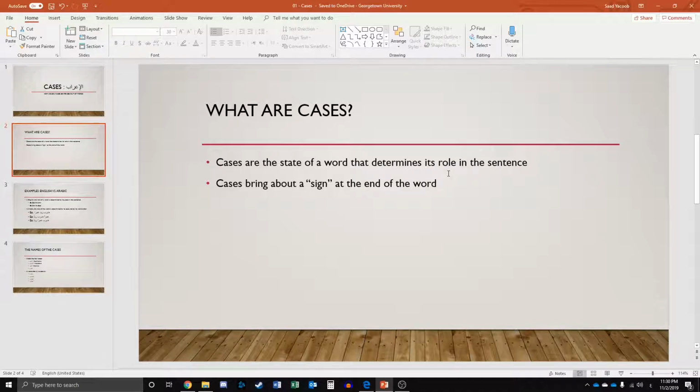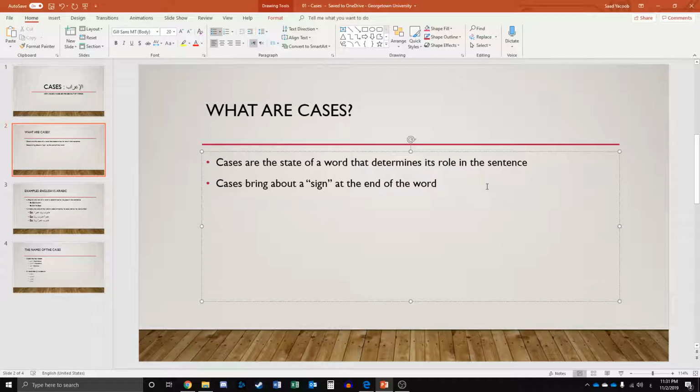And cases bring about a sign at the end of the word. In the second video, we're going to talk about the default signs for the cases, not all of them. But for now, just understand that cases bring about a sign at the end of the word, a sign that tells you that that is a word in that case, and that's a word in the other case.